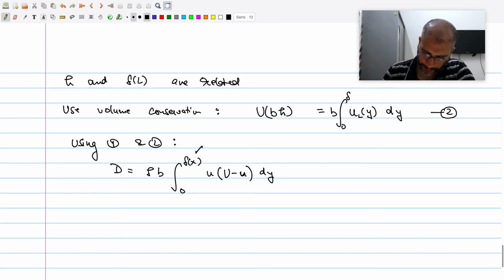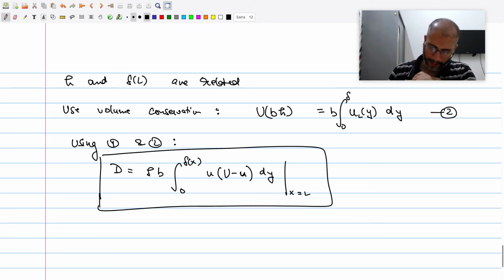We have put delta as a function of x. If it was L, I would have put delta at L. So this is some general u that we're talking about, and this is, we can say, at some x. Okay. But for this case you can put x equal to L for this whole expression. Okay, so this is the expression for drag on the plate.